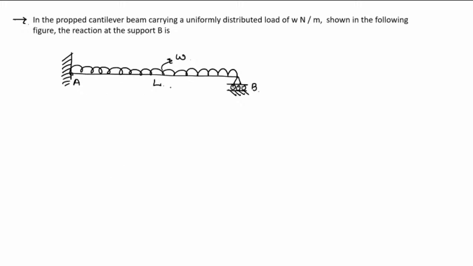Now, one way is to memorize the formula, and the other way is to derive the formula. So I will share some simple principles here.